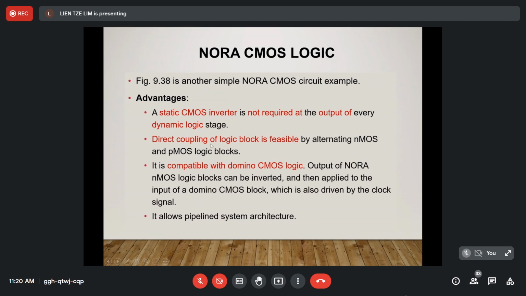Direct coupling of logic blocks is feasible by alternating NMOS and PMOS logic blocks. It is compatible with Domino CMOS logic. Output of NORA NMOS logic blocks can be inverted and then applied to the input of a Domino CMOS block, which is also driven by the clock signal. It allows a pipeline system architecture.